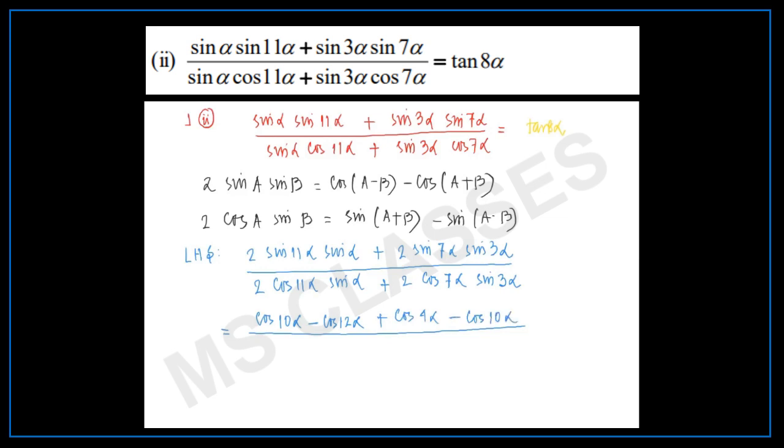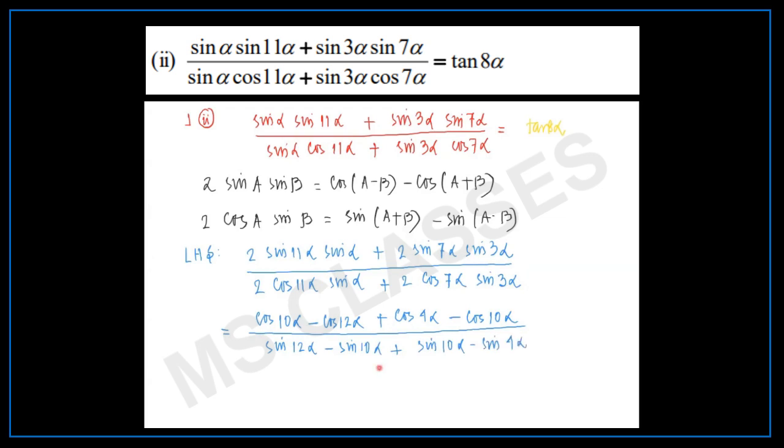Next, this is of the form 2 cos A sin B, sin(A plus B) minus sin(A minus B). So it is sin(11 alpha plus alpha), 12 alpha, minus sin(11 alpha minus alpha), 10 alpha, plus sin(7 alpha plus 3 alpha), 10 alpha, minus sin(7 alpha minus 3 alpha), 4 alpha.